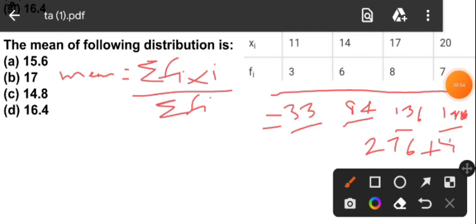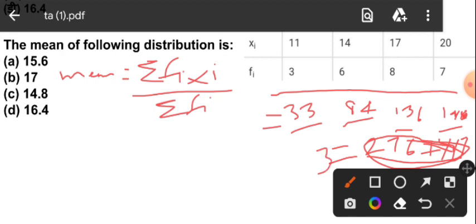When we add all this sum, it will come to 393.